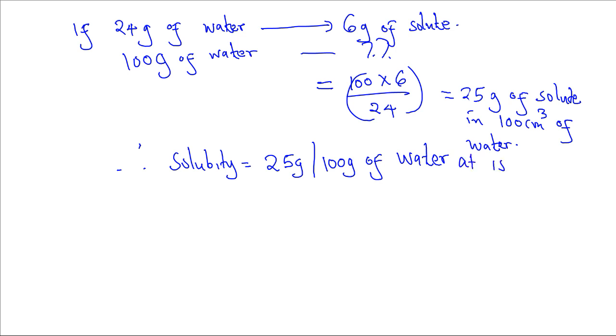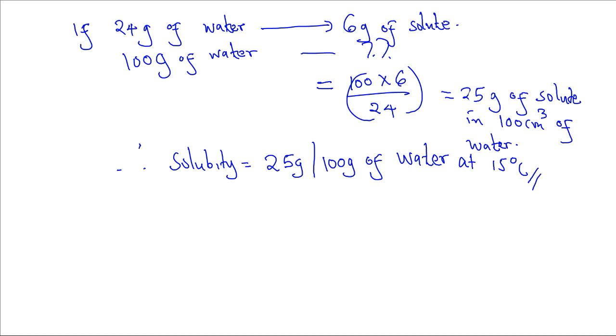at 15 degrees Celsius. Now, the solubility of a solute in a solvent is what we said is the maximum mass of solute required to saturate 100 grams of solvent at a particular temperature.